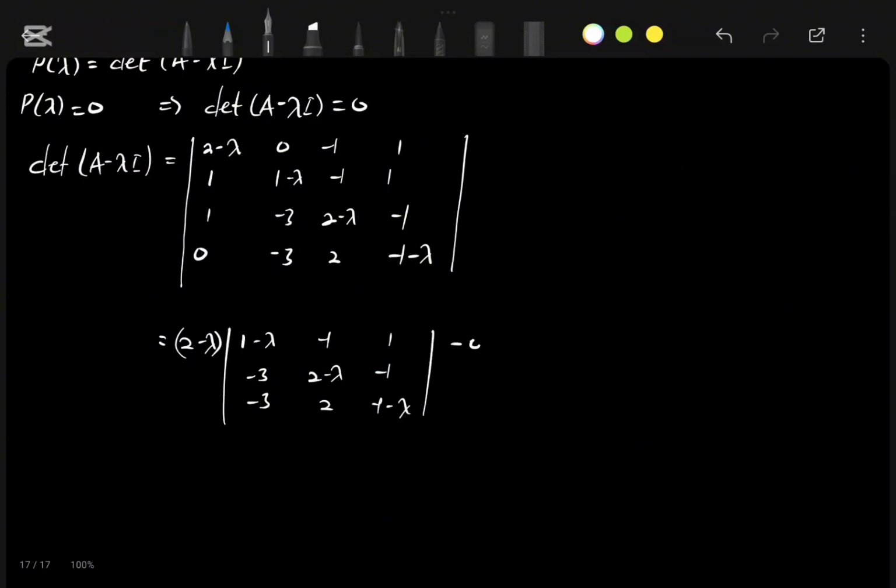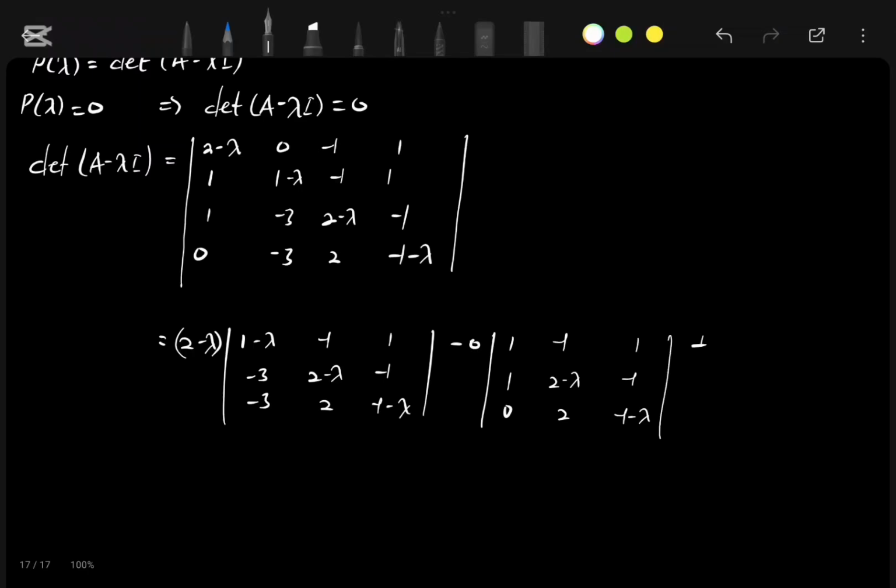We have minus 0 times the determinant, which we have 1, 1, 0, minus 1, 2 minus lambda, 2, 1, minus 1, minus 1 minus lambda.